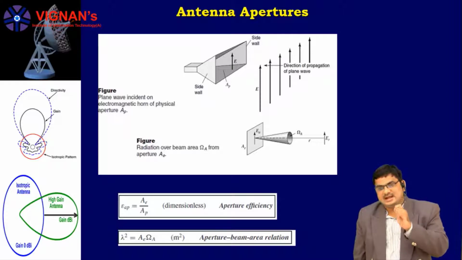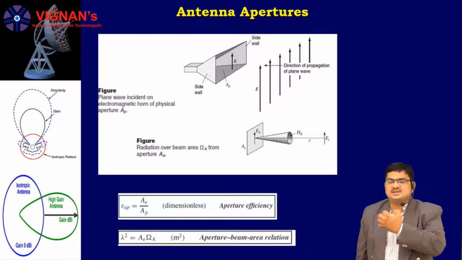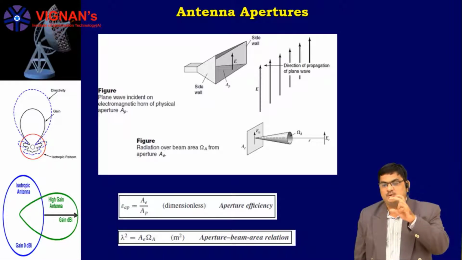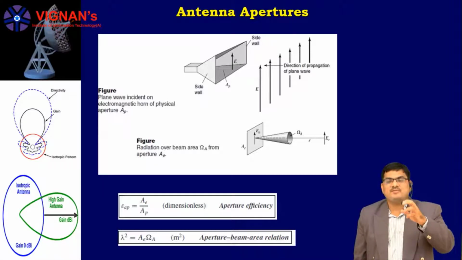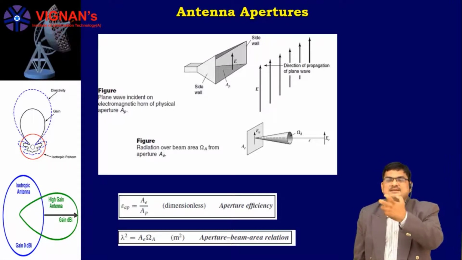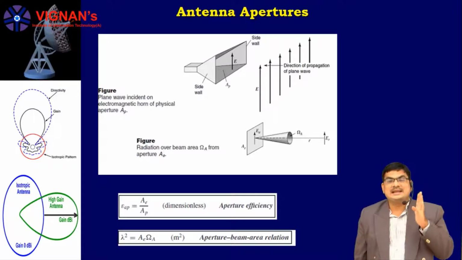In the second figure you saw that from this radiation only some part is the effective area. The physical aperture is the total structure, and the effective aperture is the area which is affected by your electromagnetic radiation.